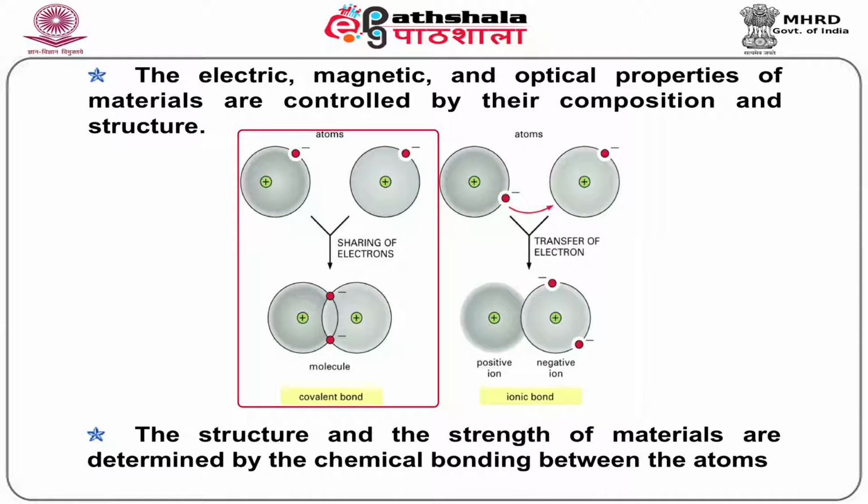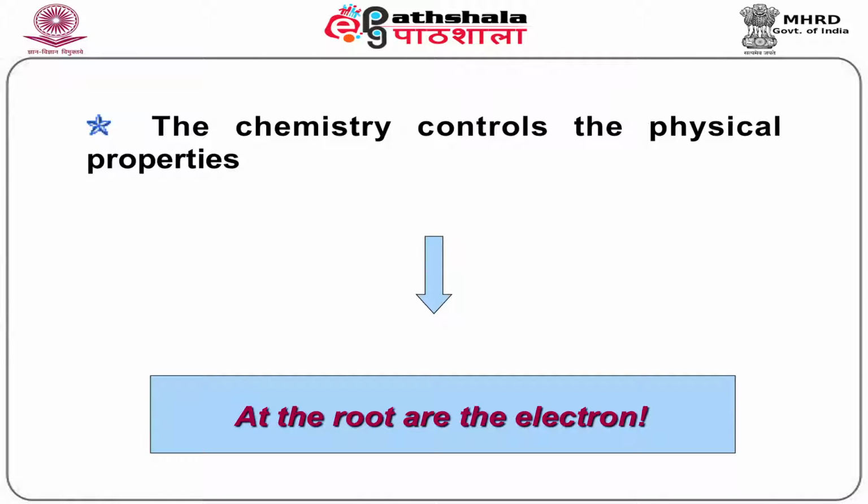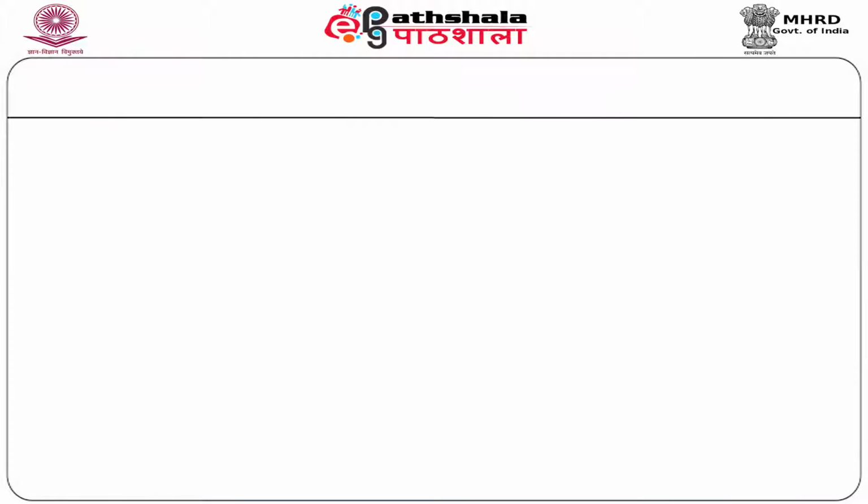This forms the two prominent kinds of bonding other than the hydrogen bonding, van der Waals bonding, metallic bonding, and others. Thus, the chemistry controls the physical properties, and at the root of all of these are the electrons.